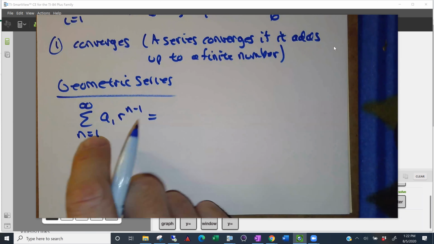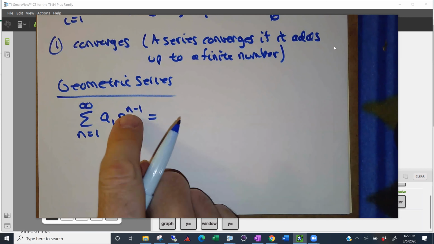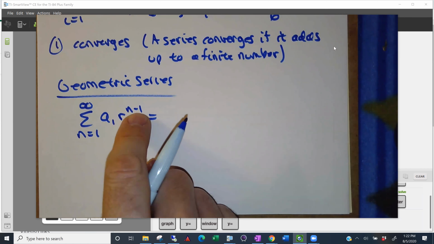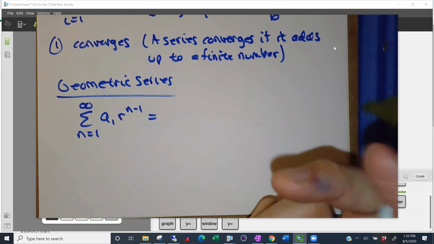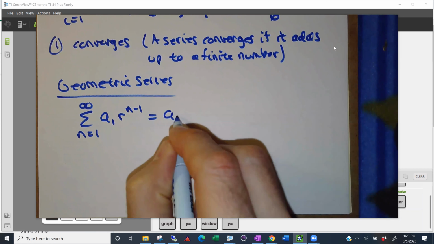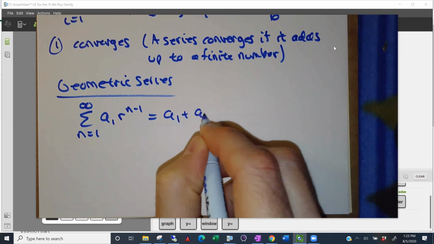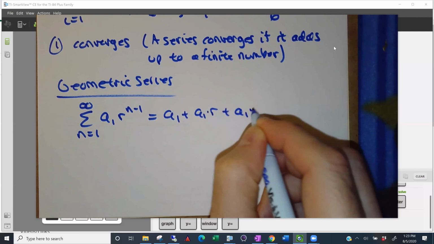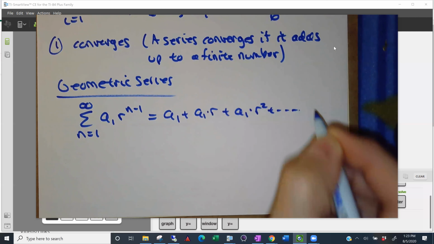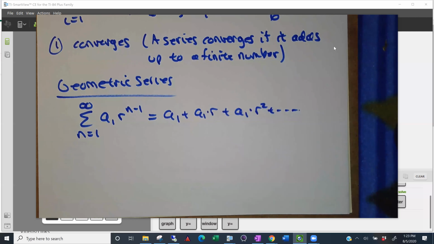But if you started by putting in n equal 1, I get 1 minus 1 is 0. r to the 0 power is just 1. So the first term would be a sub 1, and then a sub 1 times r, plus a sub 1 times r squared, and so on, all the way out to infinity.